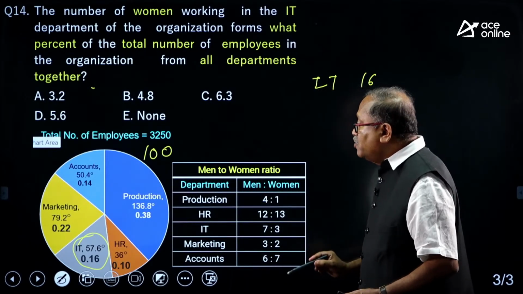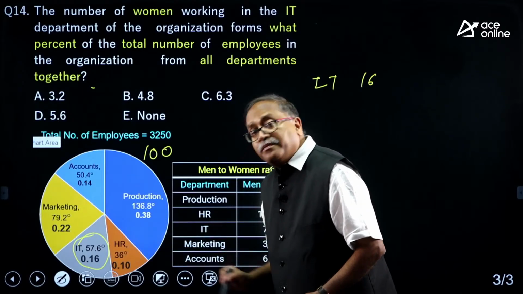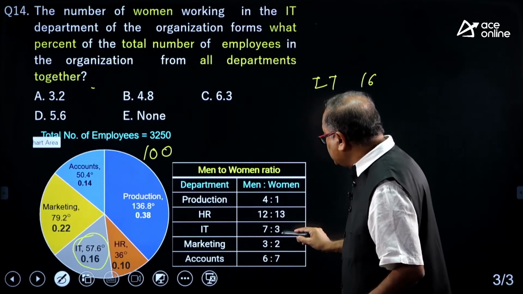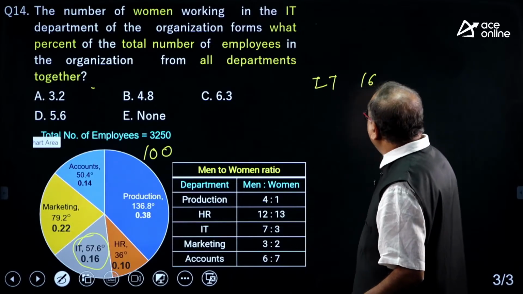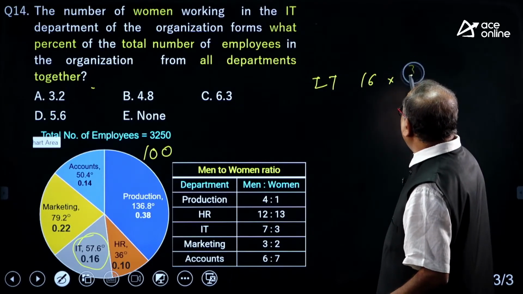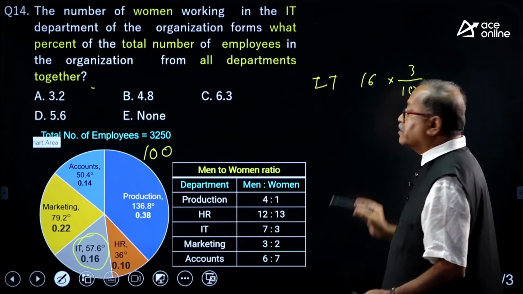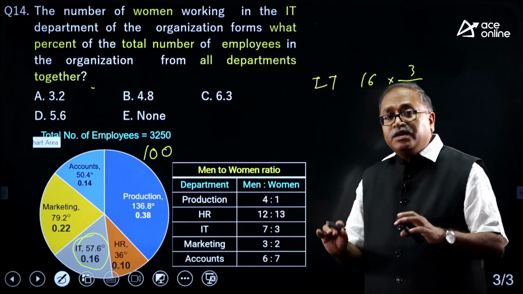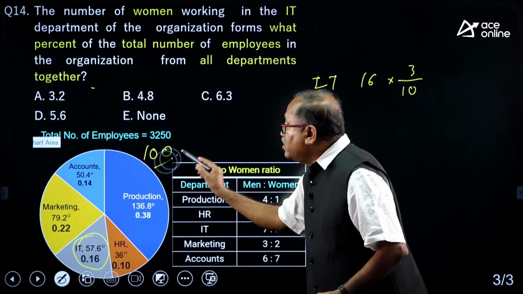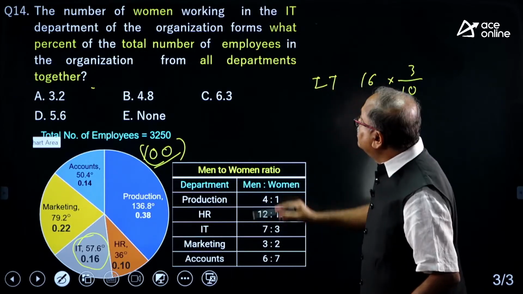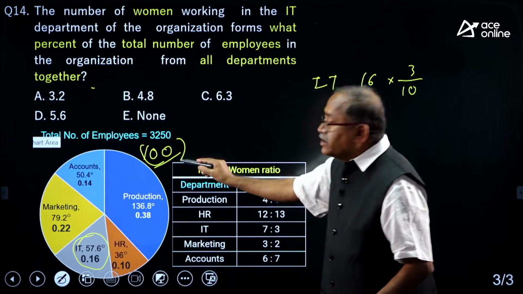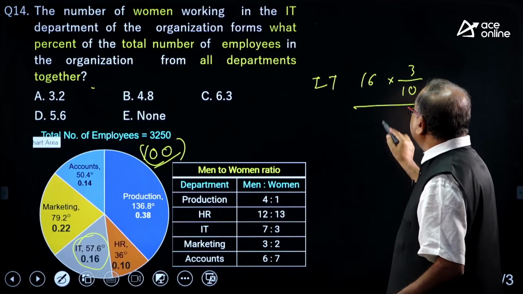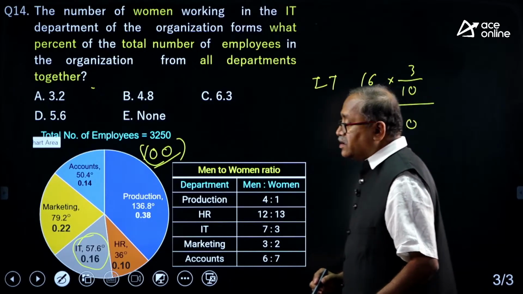Now, the women over here is how much? In the IT department, the women are 3 parts out of 10 parts. So, 3 by 10 of this: the women in the IT department is what percentage of all the people in all departments, which is 100? This is what percentage of 100.